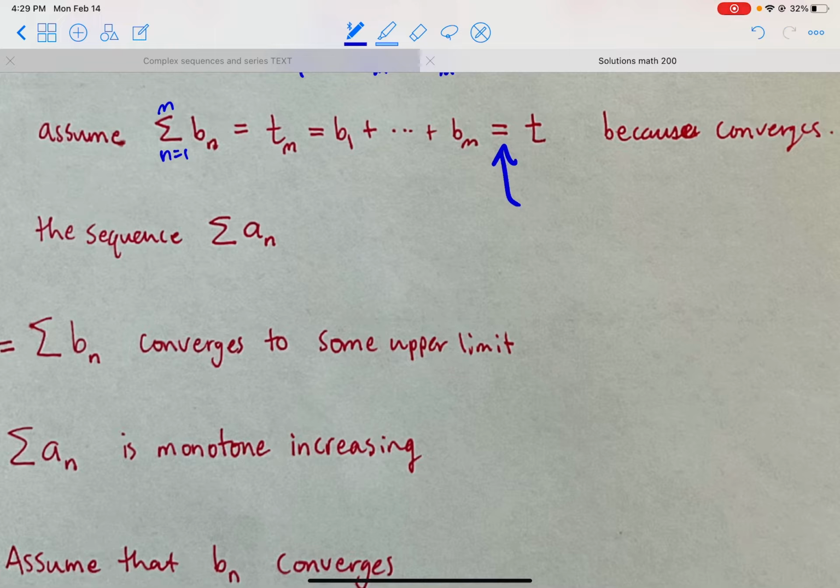Now this equal sign is definitely wrong, because I'm pretty sure that t was meant to be the limiting value of the sequence of t sub m's, the limiting value as m goes to infinity or whatever. Okay. Let's look at this one.